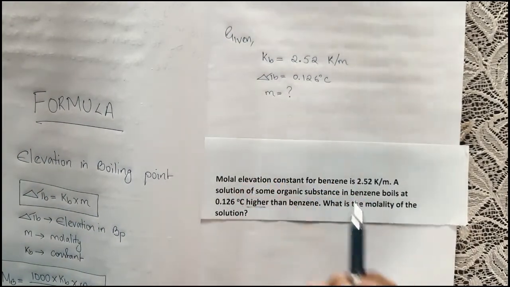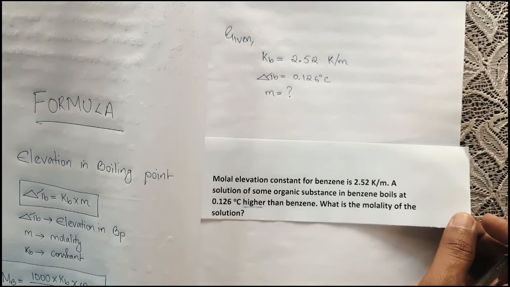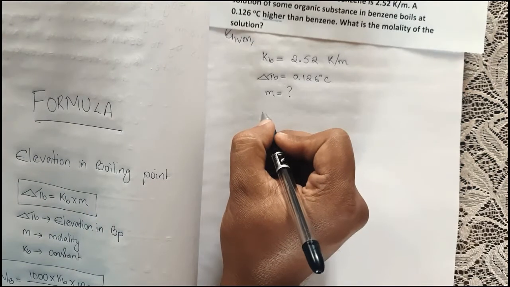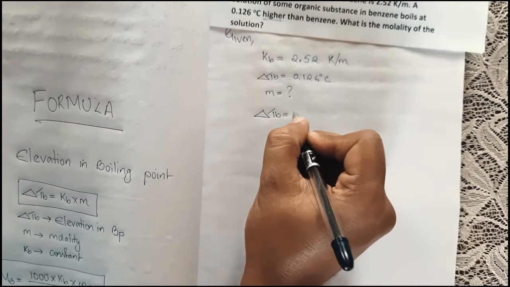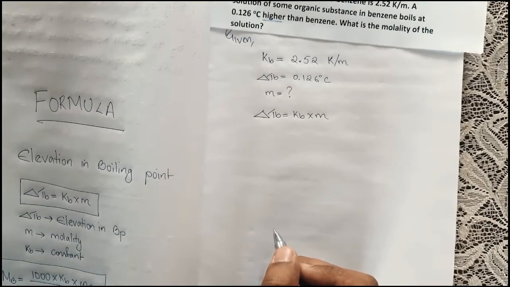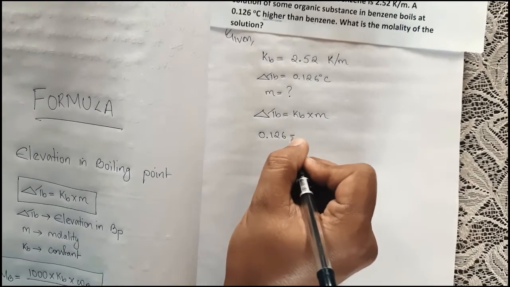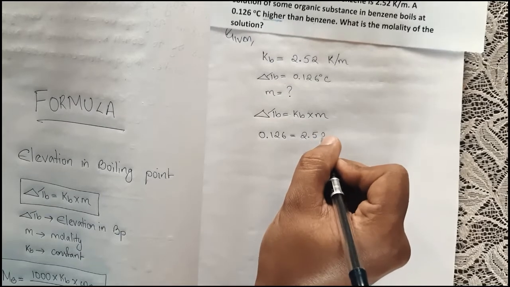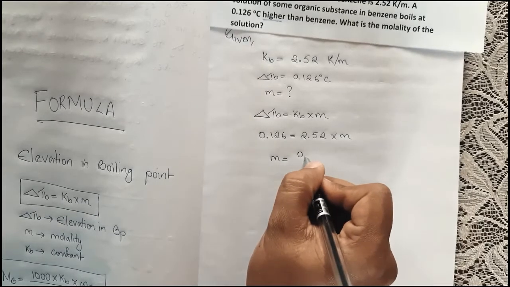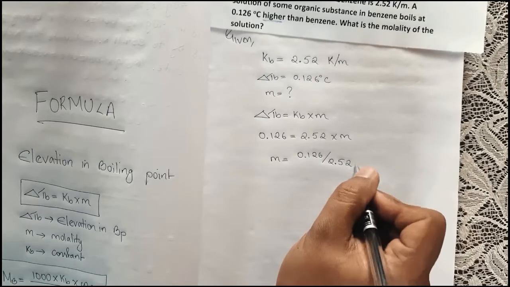So from the given itself, we can figure out which formula to use. For this, we have only one formula, which is delta TB is equal to KB into M. 0.126 equals 2.52 into M. So M is equal to 0.126 divided by 2.52.